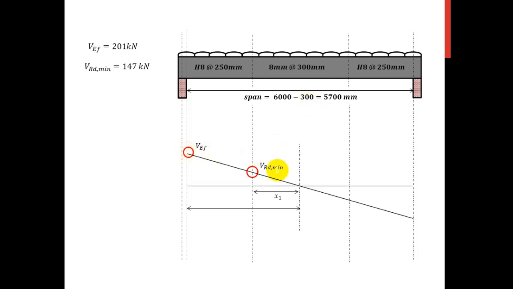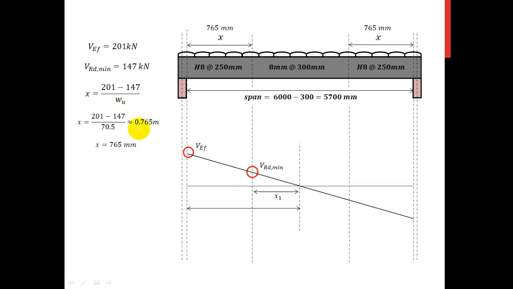Since the maximum stirrups extend from the face of the support to the point it turns minimum, X is equal to the difference of the two forces over the ultimate load. When solved, it gives a distance of 765 millimeter. So the X is 765 millimeter.